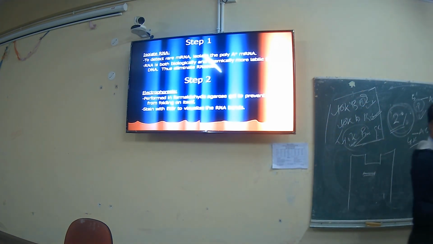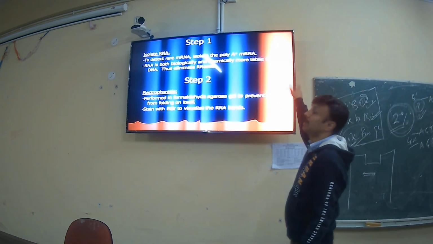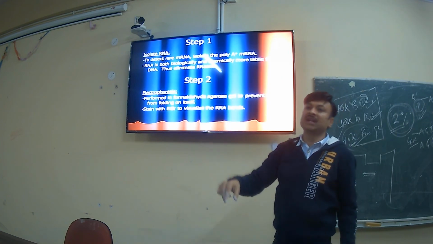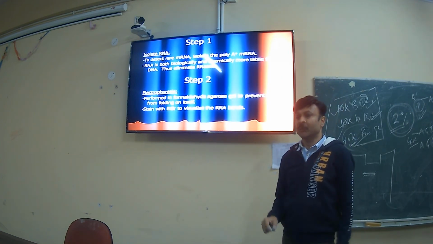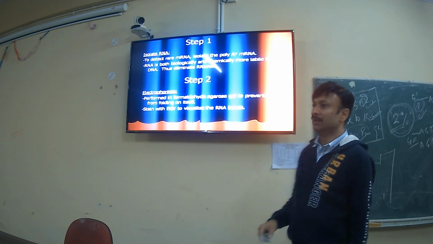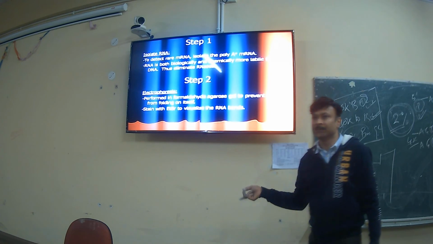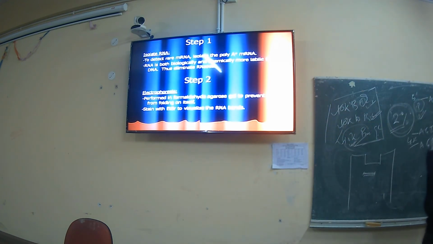Okay, so you use a probe complementary to the polyA tail, so you can isolate the polyadenylated mRNA. That's why you have to note here to isolate the polyadenylated mRNA, because this mRNA isolation is specific. We only use it to isolate the eukaryotic mRNA. So you can find your desired mRNA sequence, mRNA expression.